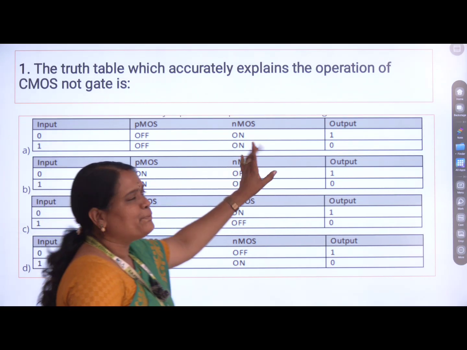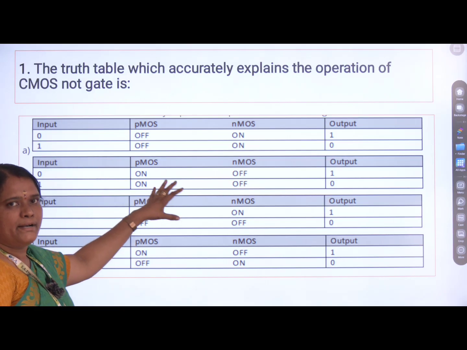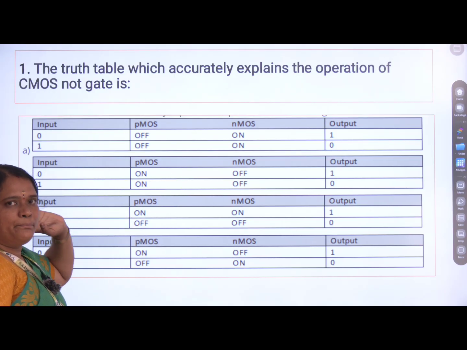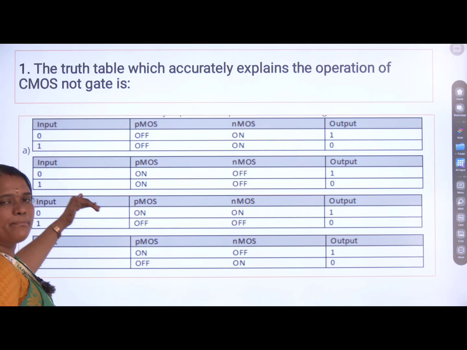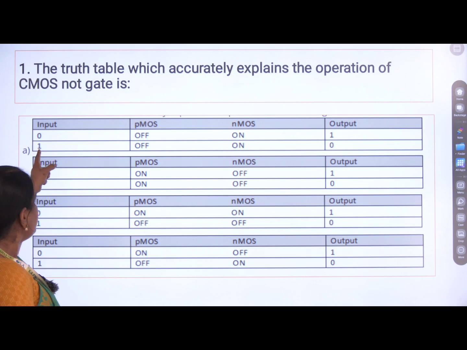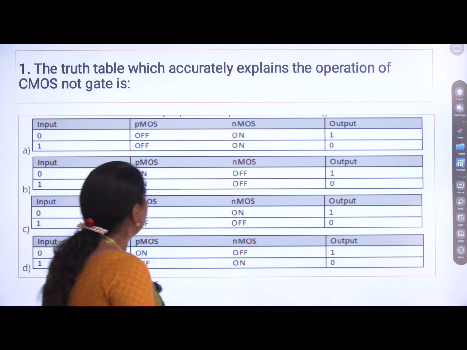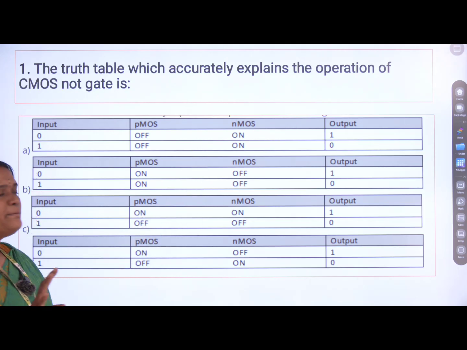Input is 0, output is 1, because a CMOS inverter produces the complement of the input at its output, right? Next, you check the conditions one by one so that we can select the appropriate answer. So next, the input is 1, the output is 0. Now, we need to check whether PMOS and NMOS work in a correct way.